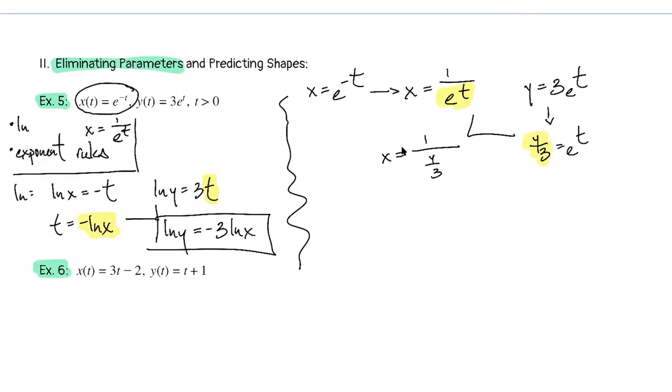All right. How else could I write this equation? Like if I wanted to simplify that a little bit. x equals 3 over y. Yeah, because the reciprocal is 1 over, I get 3 over y.